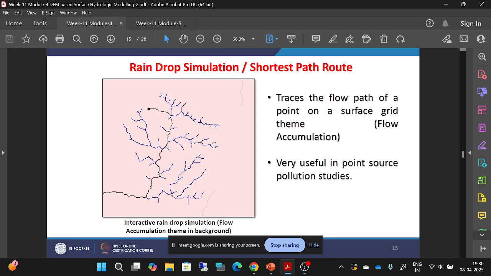So that single one you're tracing, okay? So this you can do at once. You are having a flow accumulation theme as a drop simulation. And now major use of this is in relation to point source pollution studies or also in use for estimating the groundwater recharge or other things.